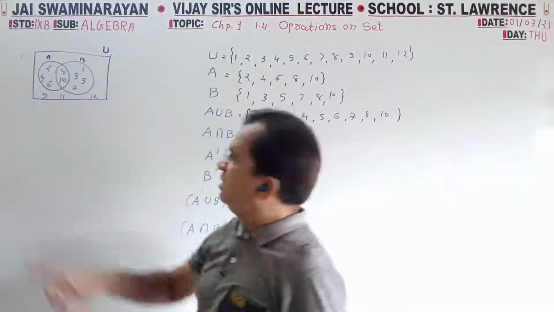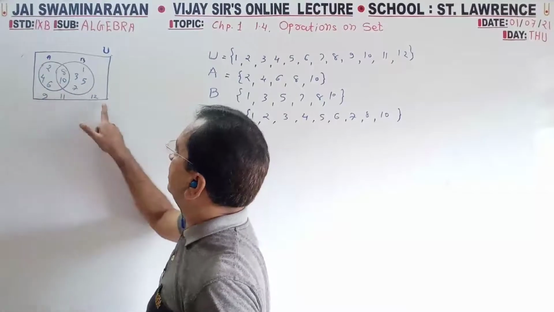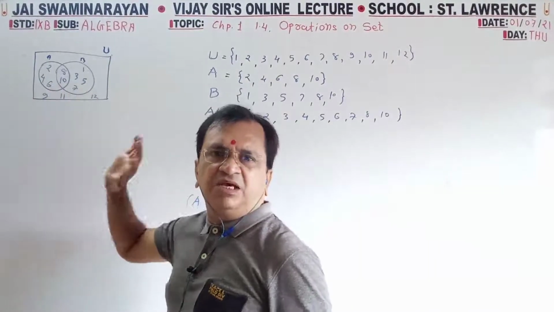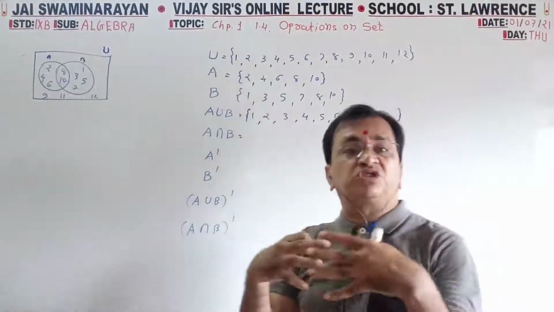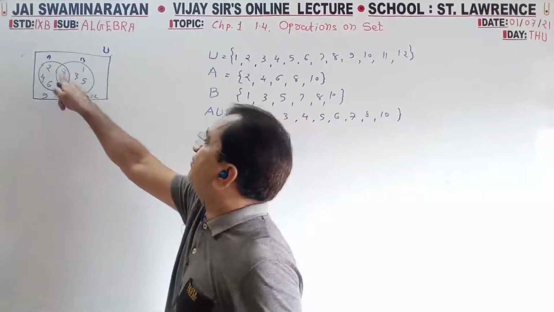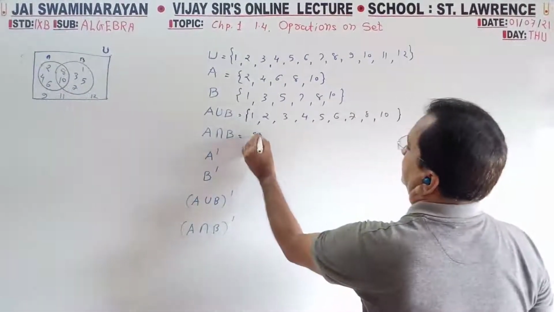A union B means the full group, in A or in B, not the outsiders. Now what is intersection? Intersection means the common part of A and B, which is 8 and 10.